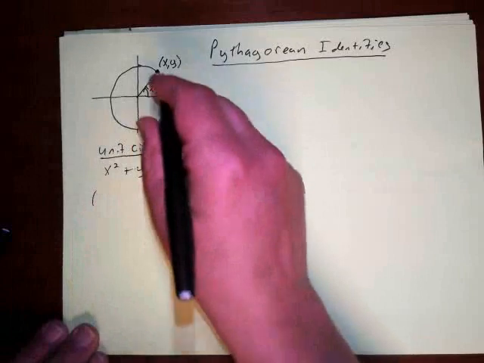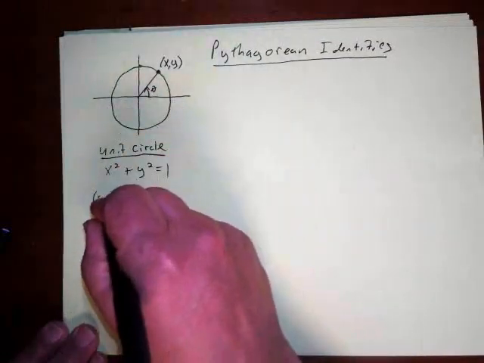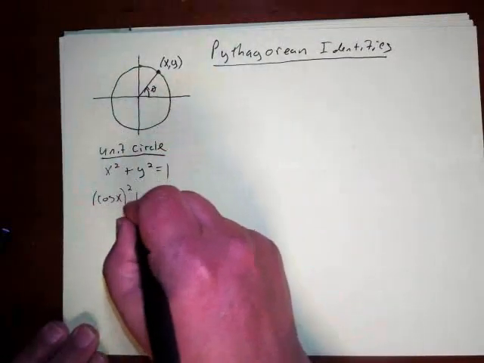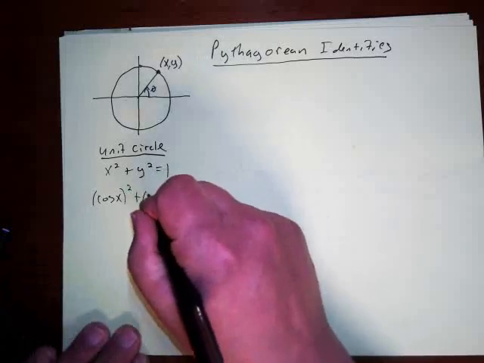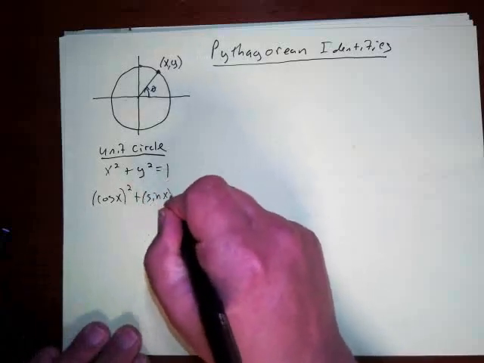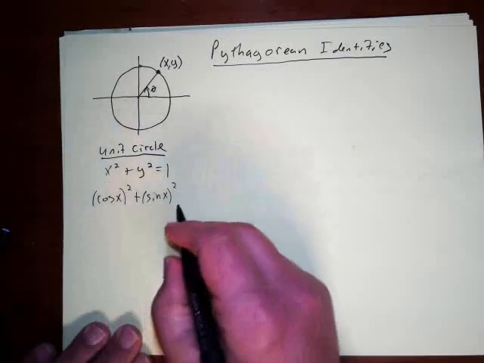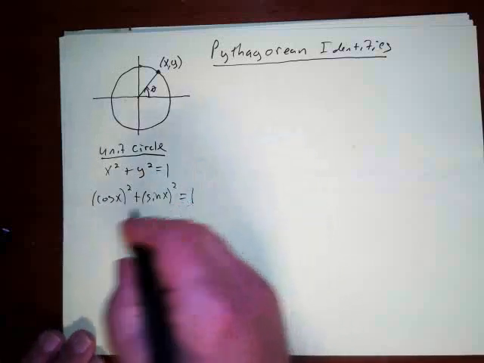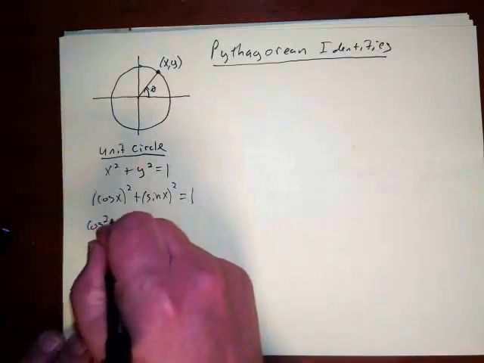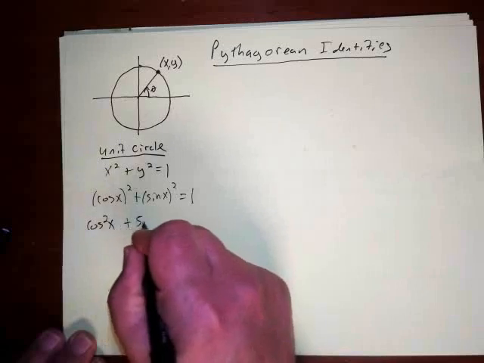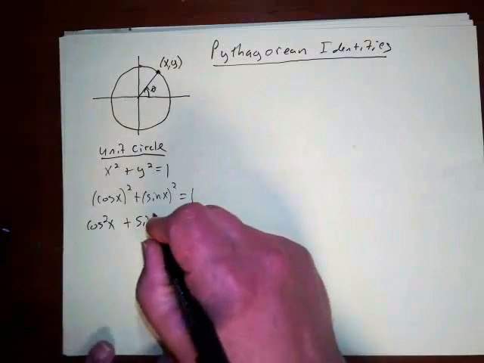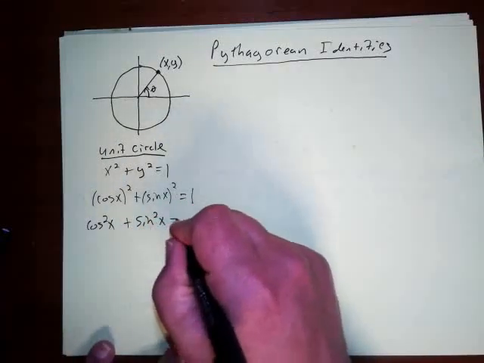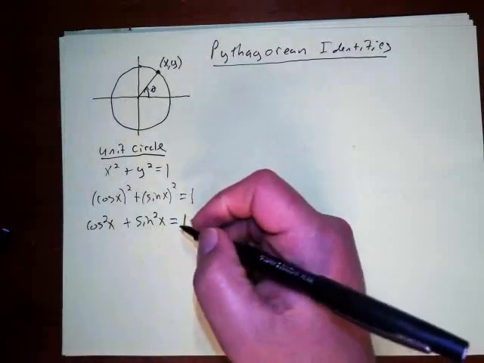Well, the x here, if it's on the unit circle, is the cosine x, right? And the y is the sine x, right? And so that would equal 1. And then to simplify it, using the notation, we would get cosine squared x plus sine squared x is equal to 1.